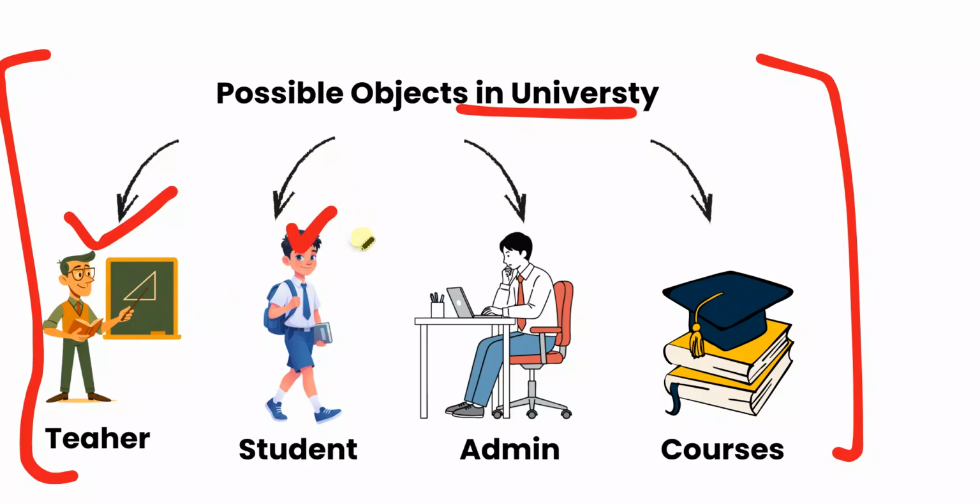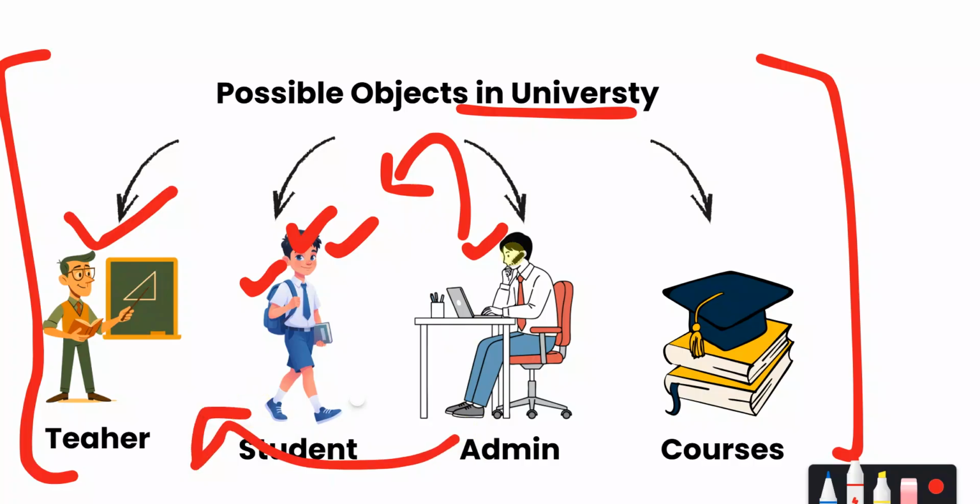Similarly, the student also has some responsibility. Students submit their assignments, they check their results, etc. They also submit applications, etc. And the admin people also have some responsibility because they address the students' queries.